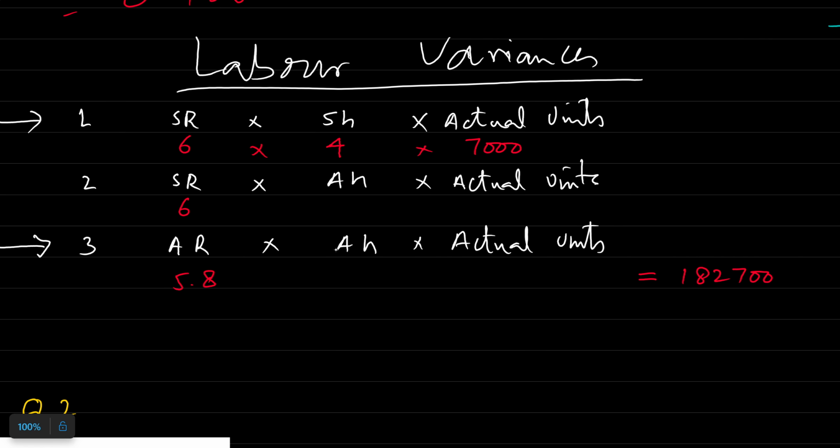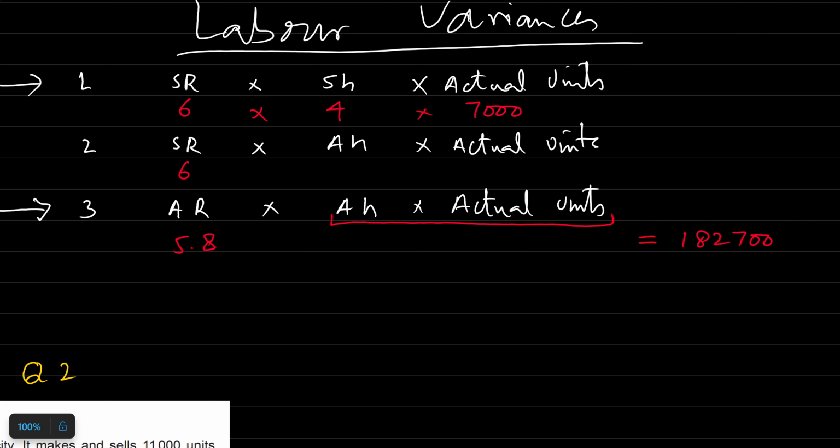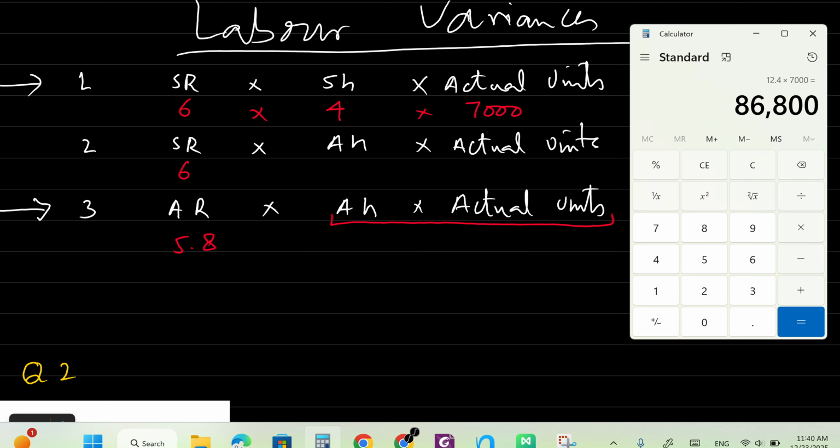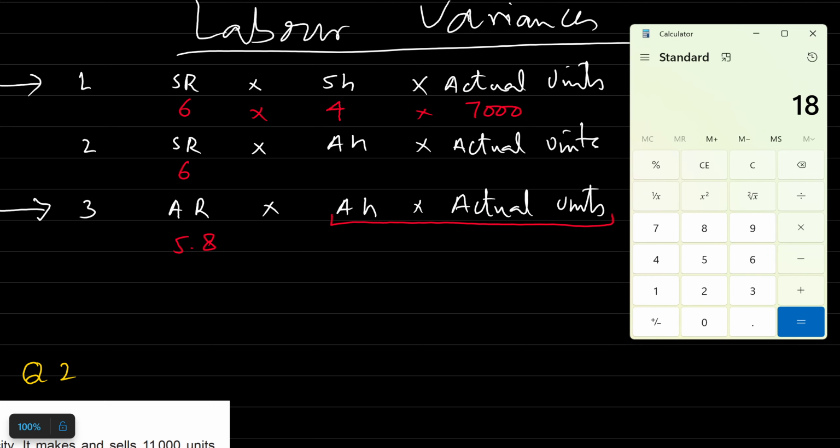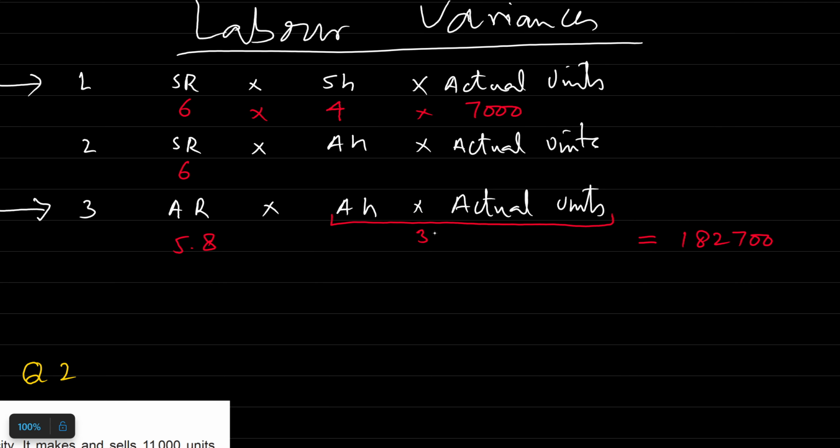From third line we can calculate how many actual hours were consumed. 182,700 divided by 5.8 will give us 31,500 actual hours consumed.